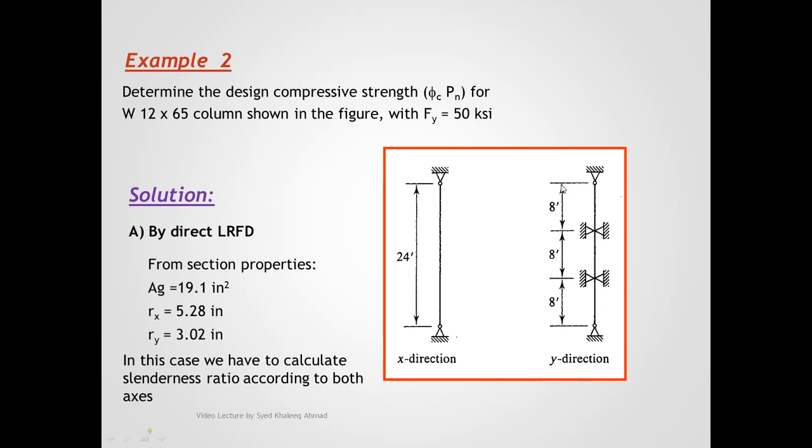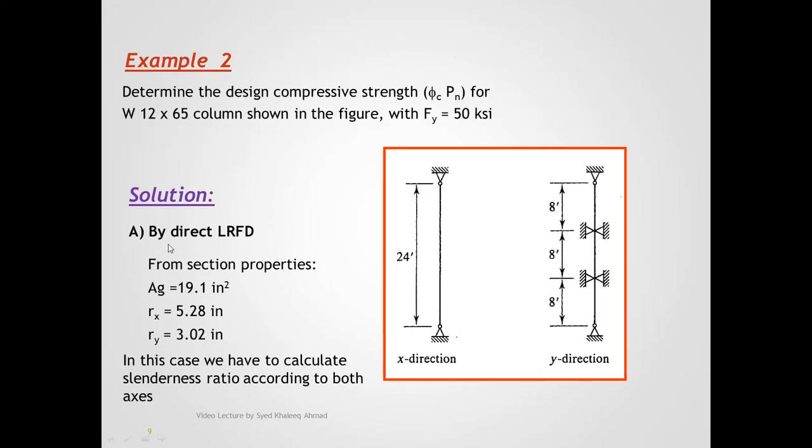So we have to consider our calculations about both axes, about x direction and about y direction, because of these conditions of support, because this is your W section. So W section is protected by this lateral bracing in the case of y direction.